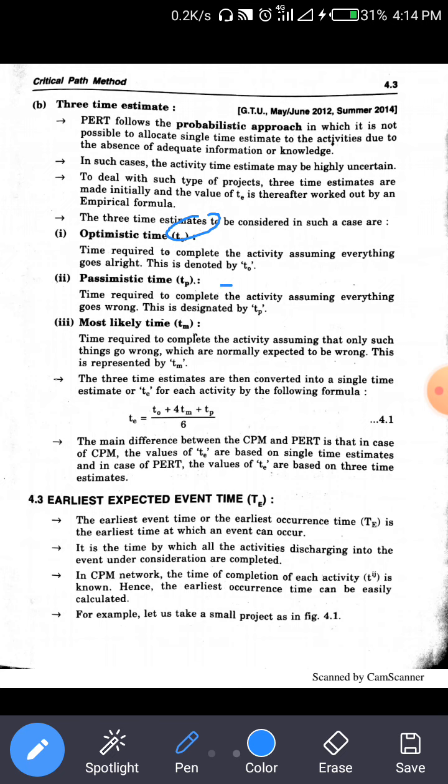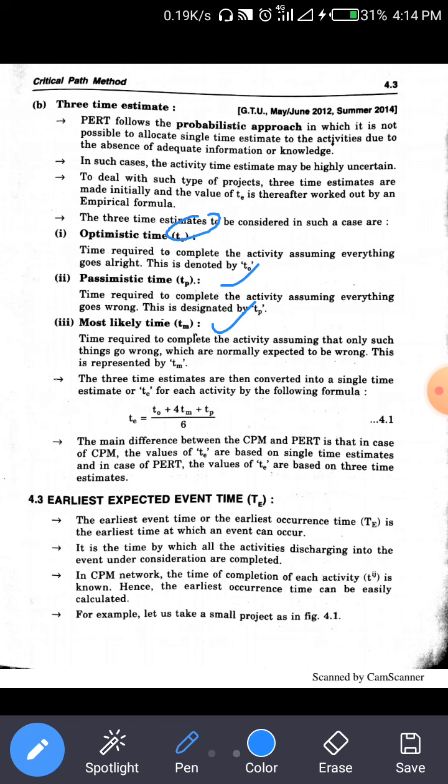The second is the pessimistic time, the time required to complete the activity assuming that everything goes wrong, denoted by TP. And TM is the most likely time: the time required to complete the activity assuming that only those things go wrong which are normally expected to go wrong, and this is represented by Tm.